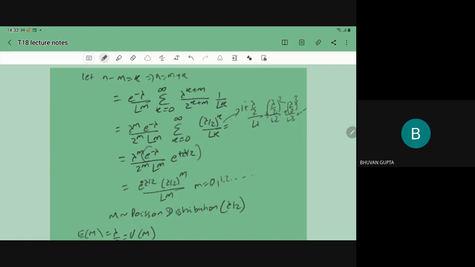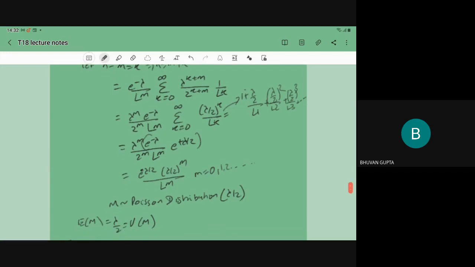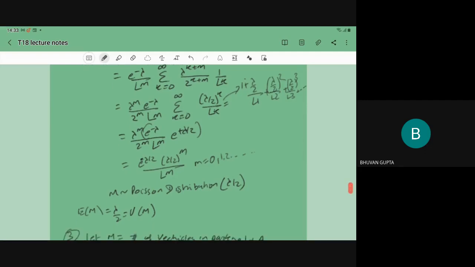It means M also follows the Poisson distribution with parameter lambda by 2. For the Poisson distribution, you know the mean and variance are equal to the parameter. So here E(M) is equal to lambda by 2 and V(M) is also lambda by 2.